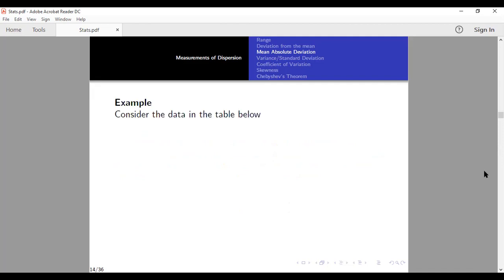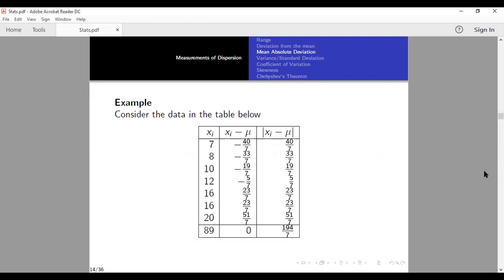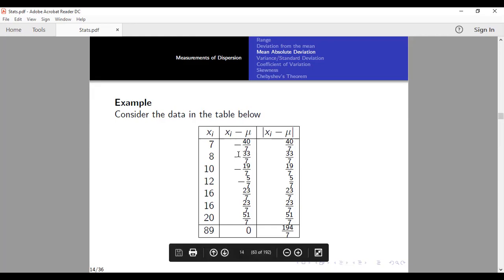Take an example. Consider the data here. We've got 7, 8, 10, 12, 16, 16, 20, which is the data that we had. The total is 89. Now, if you were to have xi minus mu, when you add these differences without the absolute value, you will never go anywhere. All you will get is a 0.